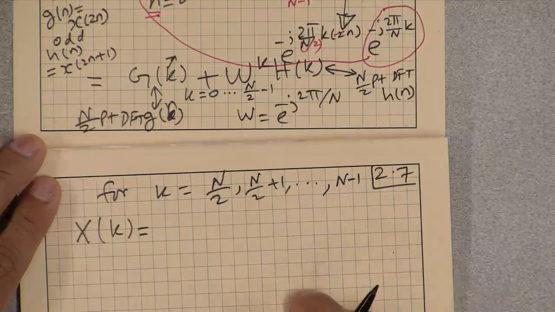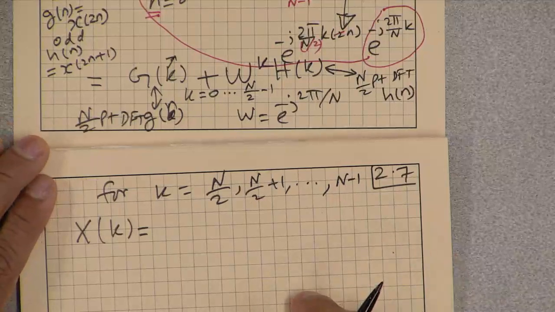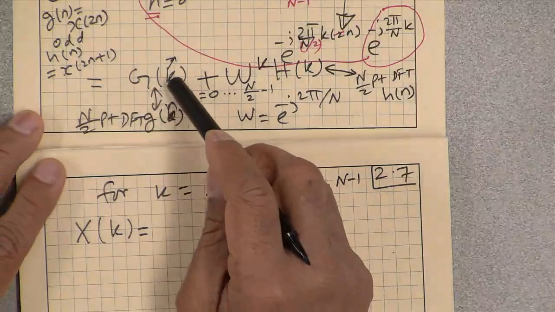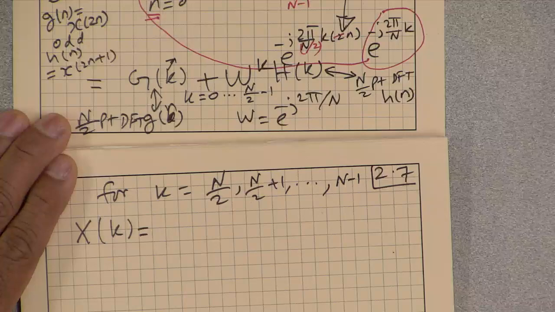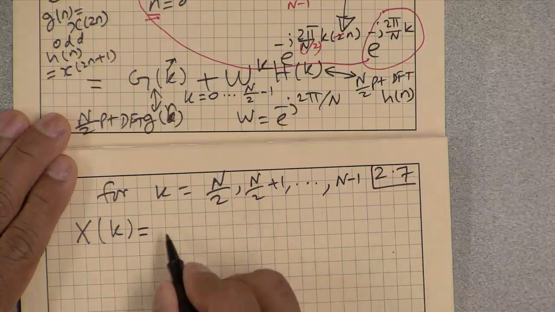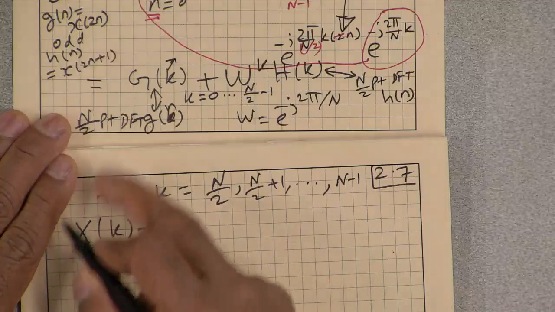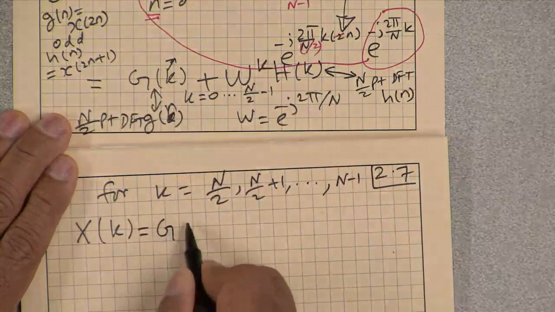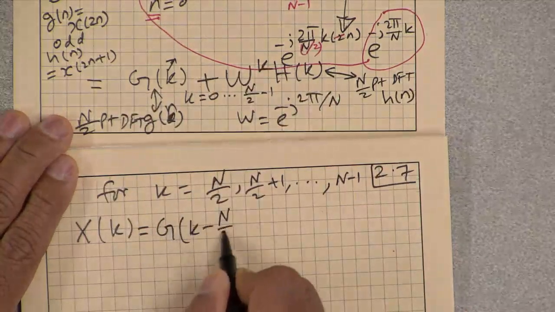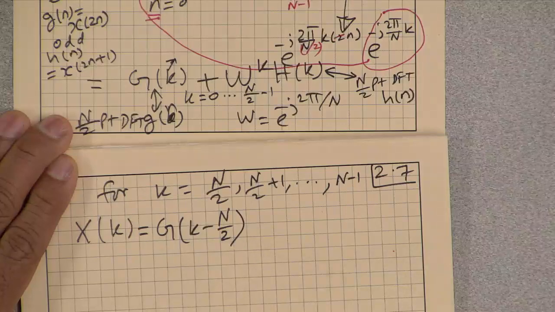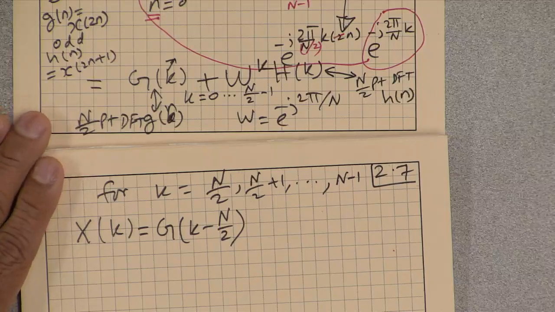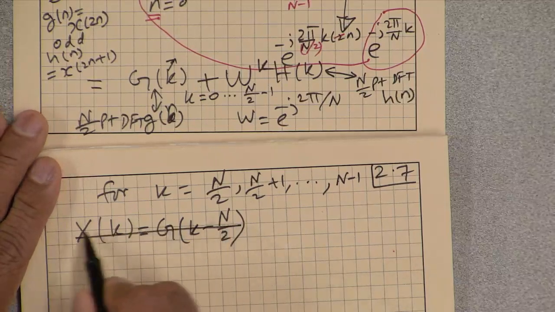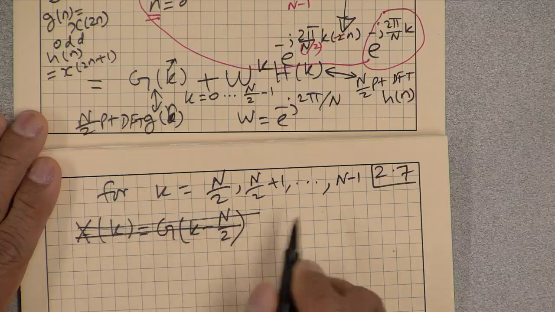If k is equal to n by 2 plus 3, then what will be g of n by 2 plus 3? Same as g3, because that's periodic with period n by 2. So that means whether I add or subtract n by 2, it doesn't really matter. So I could write it in another way. I think that may be more useful. Not that it's wrong, it's not wrong.